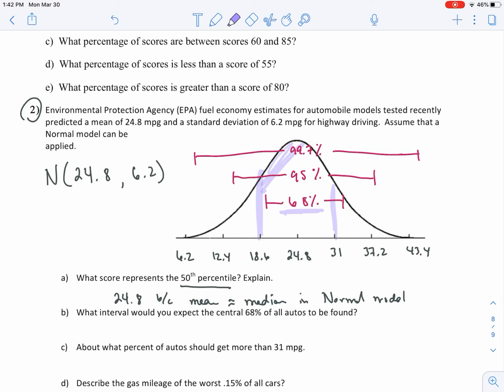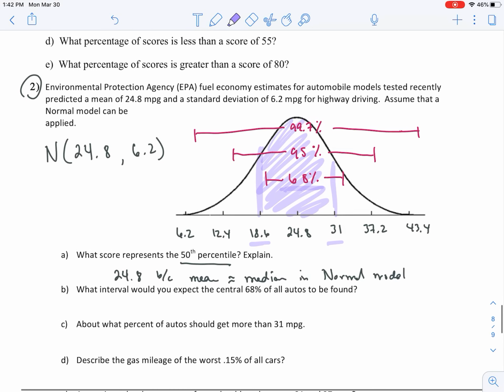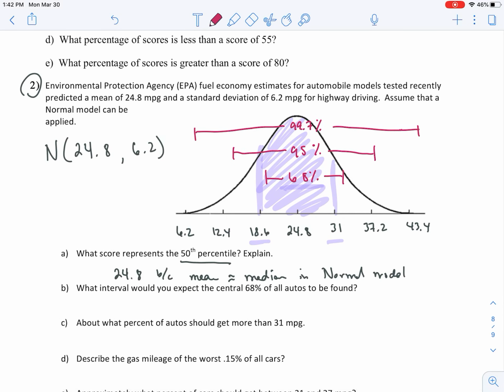So in this problem, it would be between 18.6 and 31 miles per gallon. Let's make it more like an interval and say 18.6 to 31 miles per gallon.